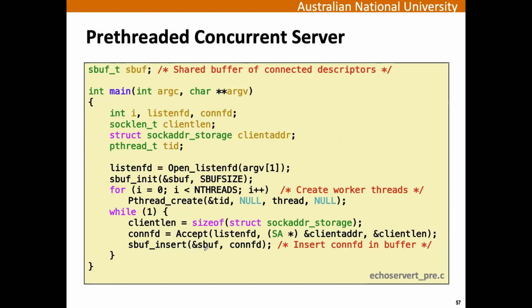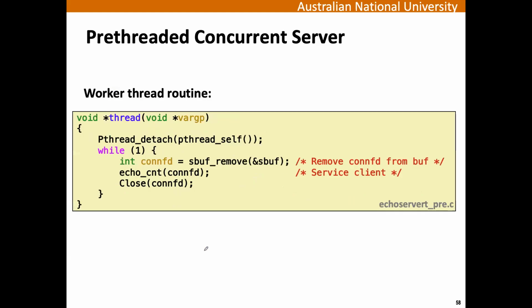Now the thread routine: first of all, the thread detaches itself, and then all it is doing is removing a connected file descriptor from the shared buffer of descriptors. It does the echo.